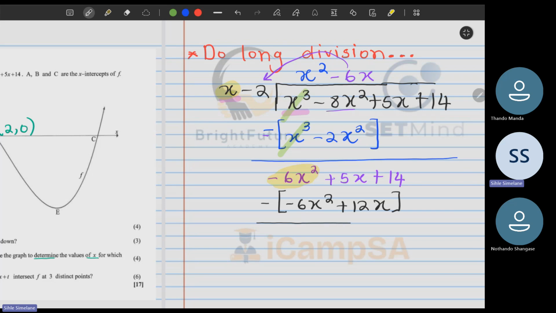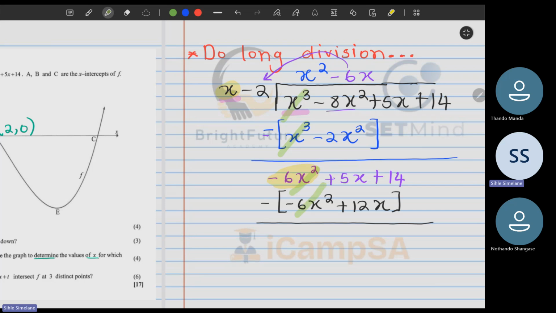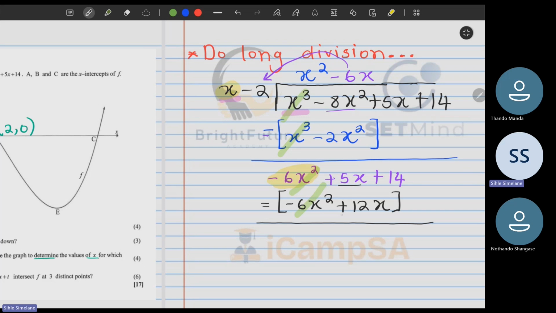Then we do our subtraction, and the terms cancel to 0. When you distribute the negative, you have 5x minus 12x. 5 minus 12 is negative 7, so we have negative 7x. And then the 14 comes down, plus 14.